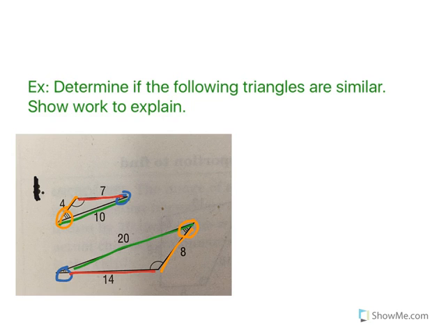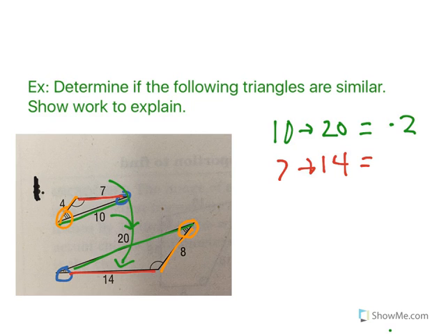So far, the angles look like they're congruent. So let's see if the corresponding sides are proportional. We can go from small to big here. To go from 10 to 20, we're just going to multiply by 2. If we go from 7 to 14, we also multiply by 2.